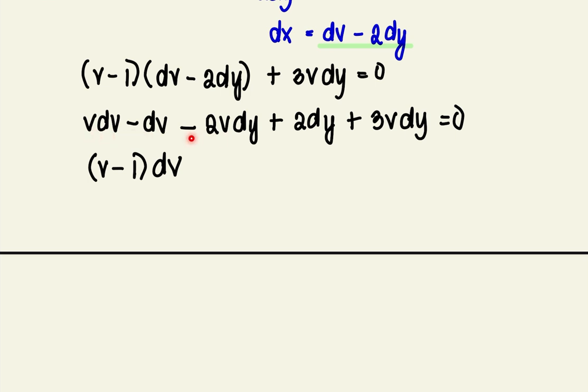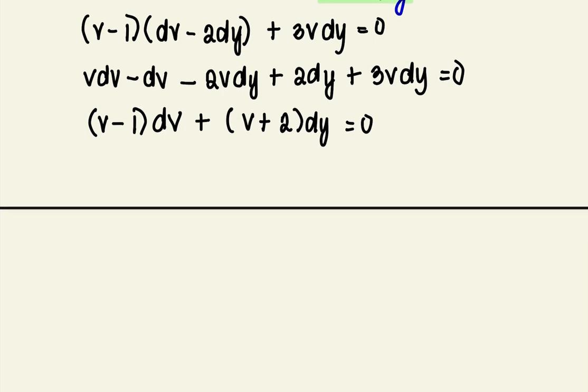And we can combine negative 2v plus 3v, which leaves us with v, so that would be (v plus 2) dy equals 0.